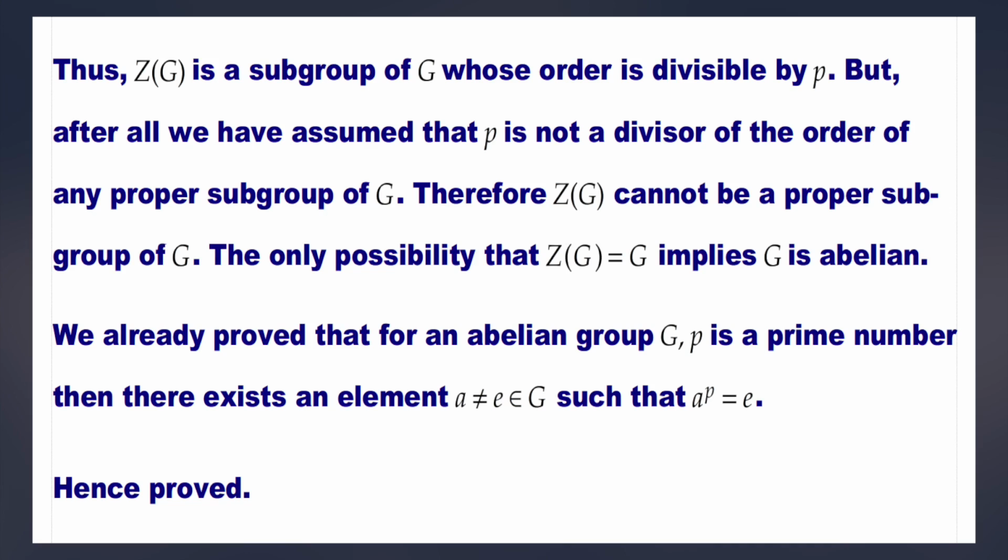We have already proved that for an abelian group G and a prime number p, there exists an element a not equal to e in G such that a^p is equal to the identity. Hence proved.